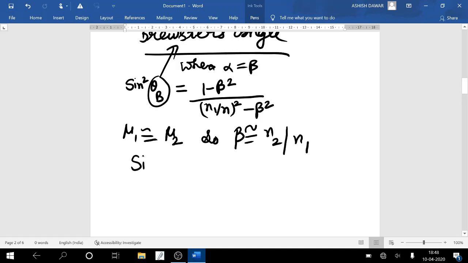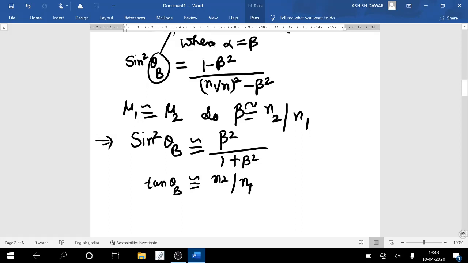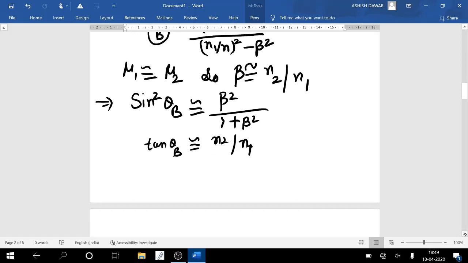In that case sine square theta b is approximately equal to beta square upon 1 plus beta square, and hence tan theta b is approximately equal to n2 upon n1.